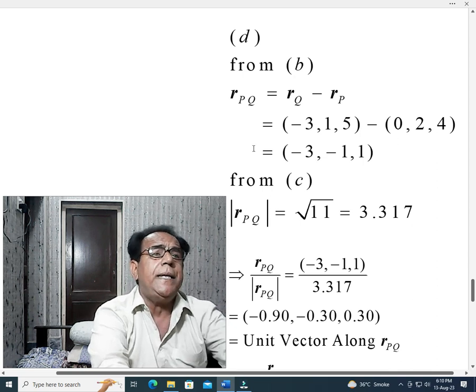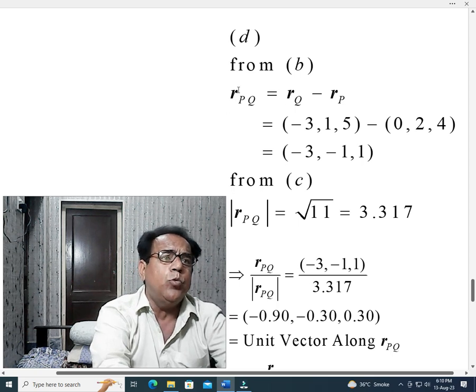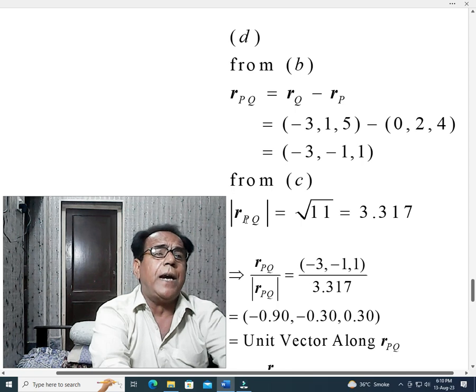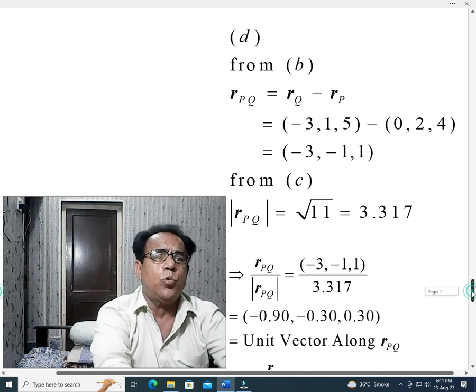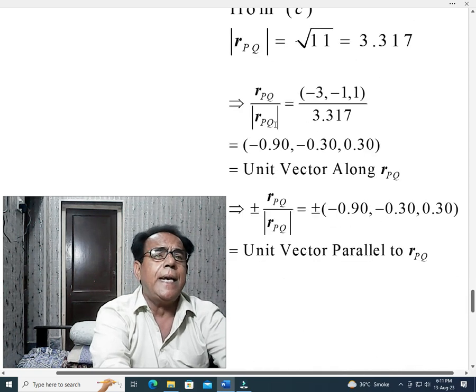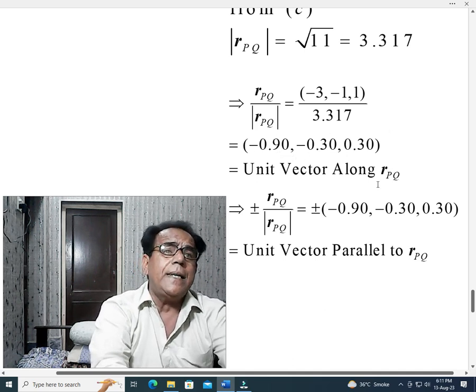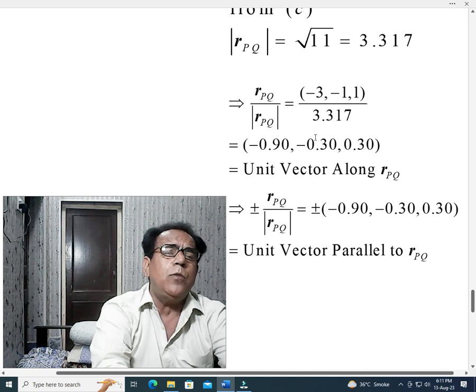So if we take this value in the numerator and this value in the denominator, we will be able to find a unit vector in this direction. So we get a unit vector along RPQ. The unit vector has become equal to this, and this vector is along RPQ because we have followed the simple method for the term along.